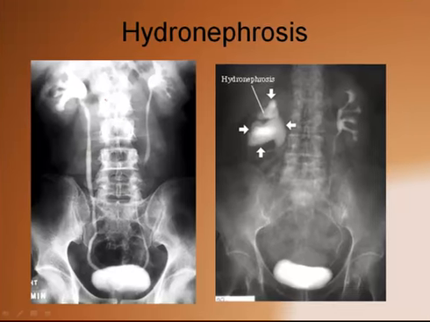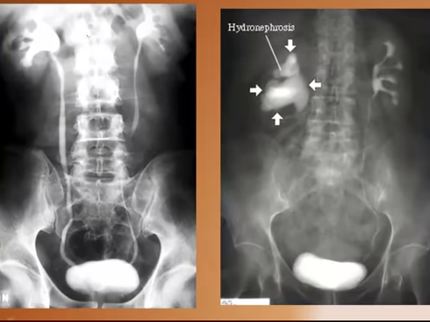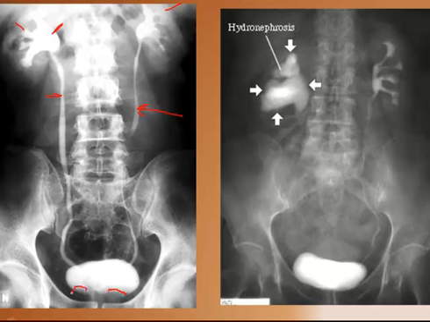So, for example, if you take a look at these two right here, things are fairly normal. They're the calyces. They look reasonably sharp. The renal pelvis. You're looking at ureters on both sides, extending down and going to enter into the back of the bladder. And the bladder, of course, looks like there's a prostate here, by the way, and will eventually open up into the urethra.